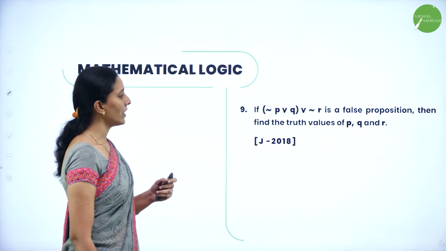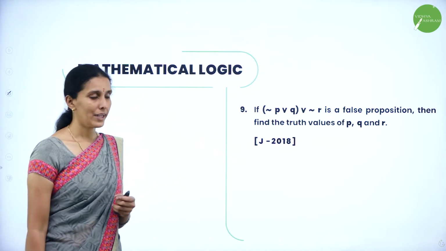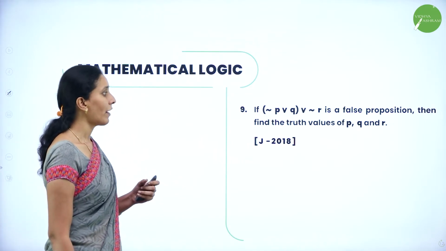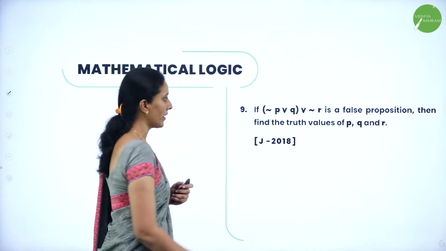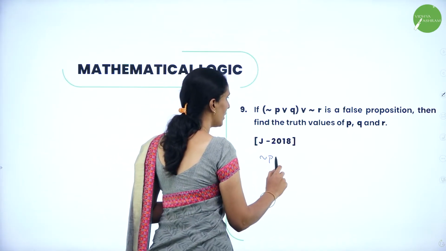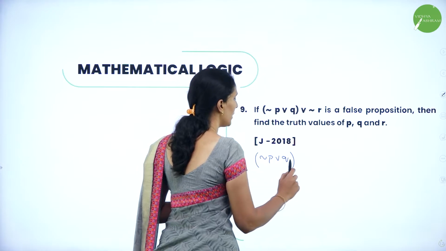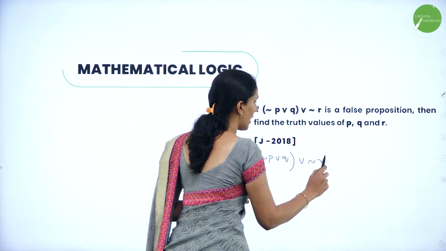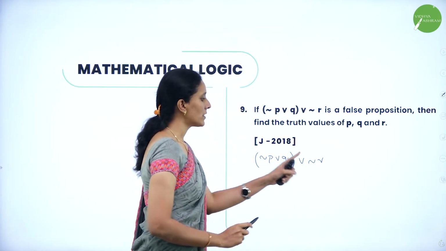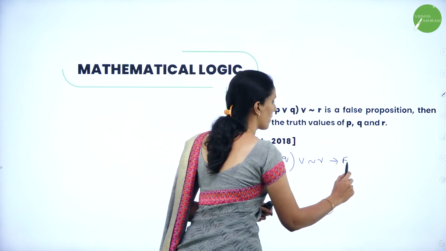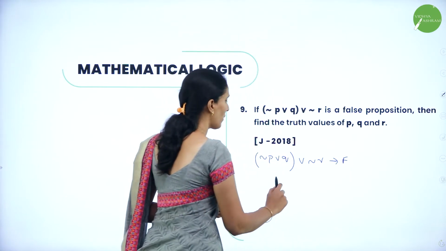Next, if negation P or Q or negation R is false, then find the truth values of P, Q and R. So here we have negation P or Q or negation R. When we say both statements are false, this is false when both are false.